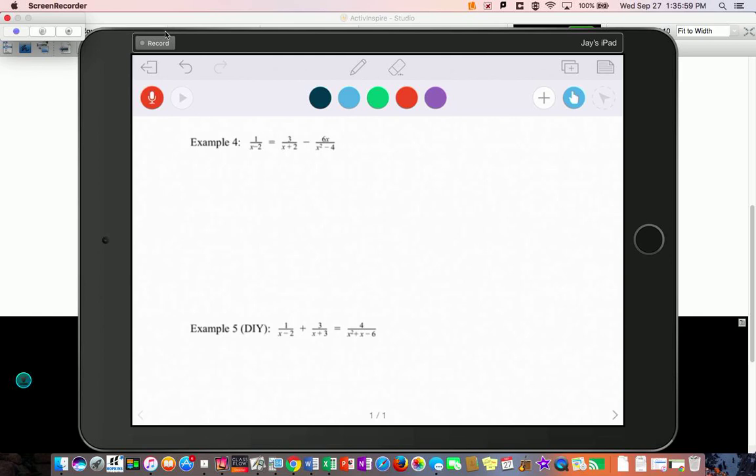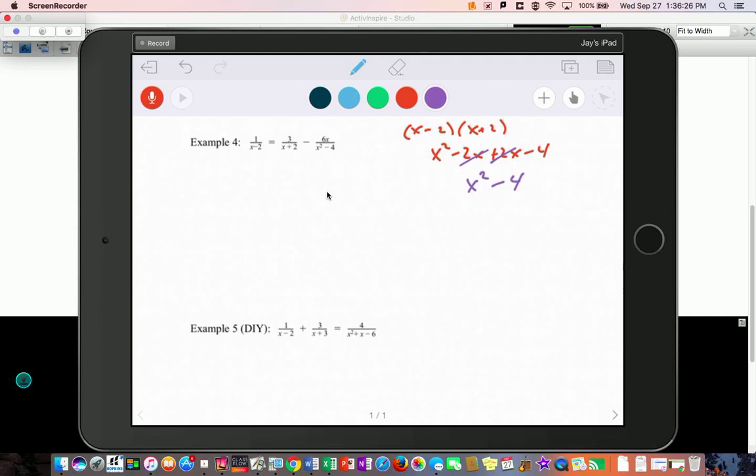Now they usually get more difficult, and so on this one we start working with polynomials and factors. So remember that if you take the x minus 2 and the x plus 2 and you multiply them, you get x squared minus 2x plus 2x minus 4. But these two things go away, and so you're left with just x squared minus 4.